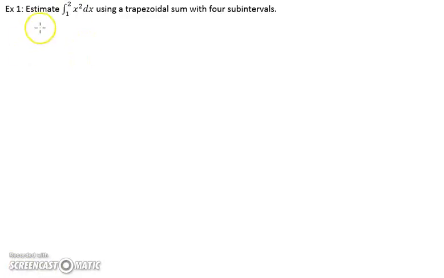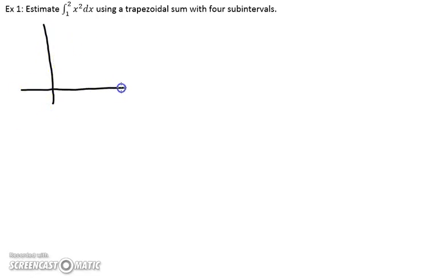So let's take a look at an example. Estimate the integral from 1 to 2 of x squared dx using a trapezoidal sum with 4 subintervals. To picture what we're dealing with, let's do a rough sketch real quick.